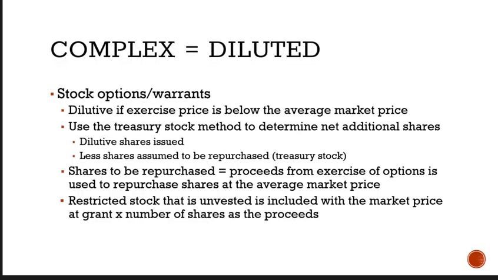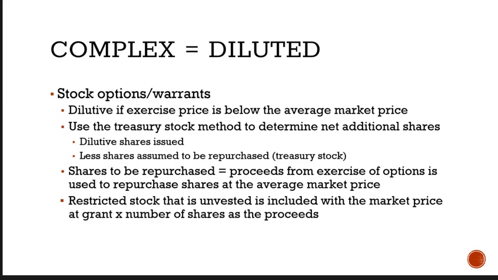Welcome everyone to our continuation of our discussion of stock compensation and earnings per share. We're moving on to the calculation of complex capital structure or diluted earnings per share. That means that there are some dilutive securities, and so there are some guidelines or rules about how we utilize them to calculate our earnings per share.